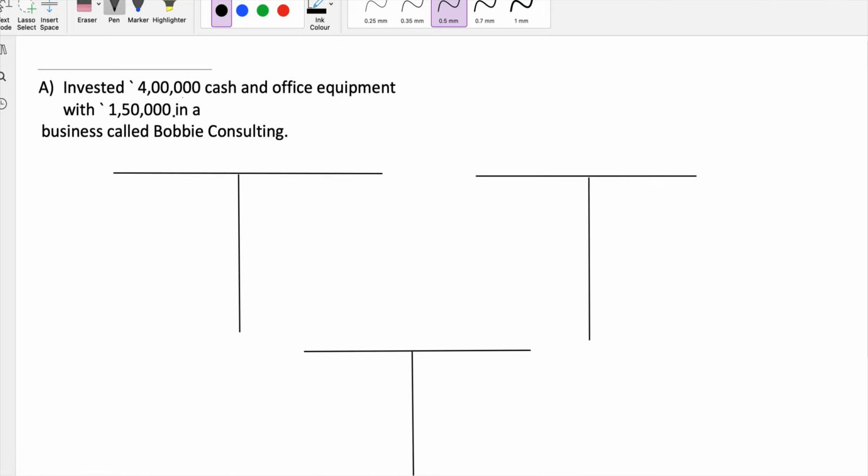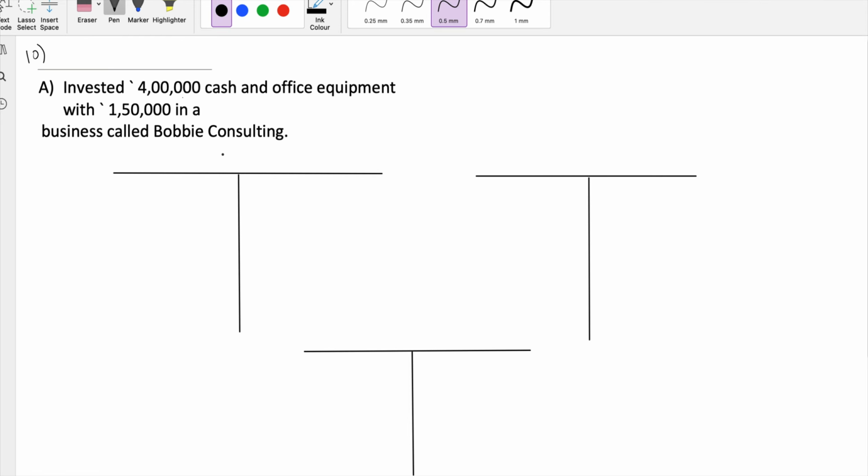Okay, now we'll see problem number 10. So first transaction is invested 4 lakh cash and office equipment with 1,50,000 in a business called Bobby Consulting. Okay, so here again 3 accounts is getting hit.